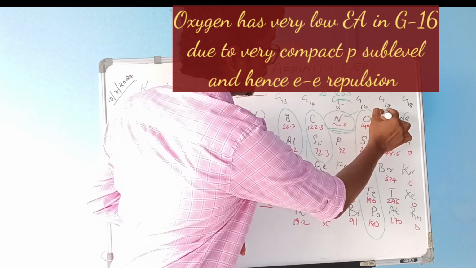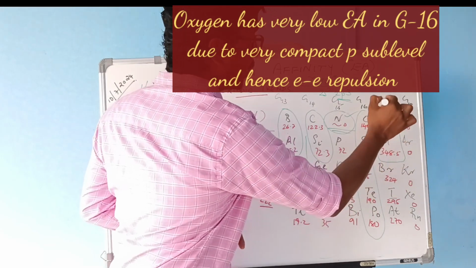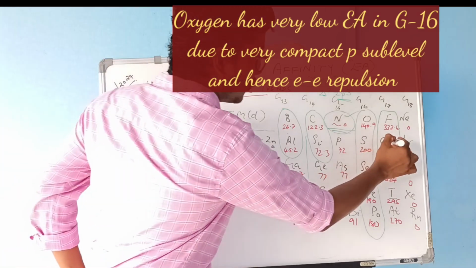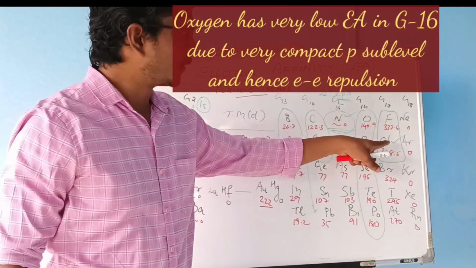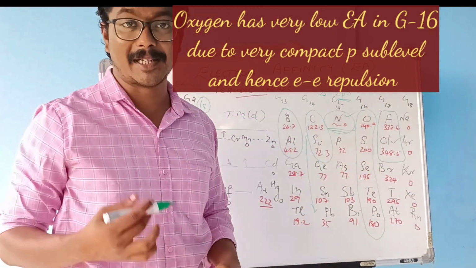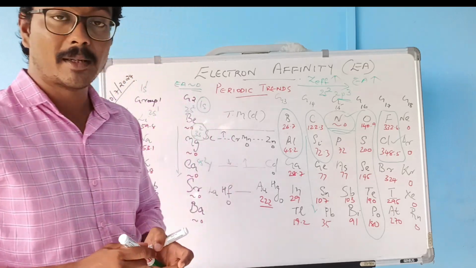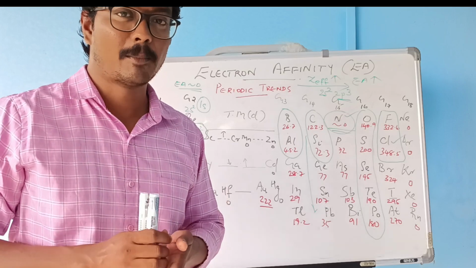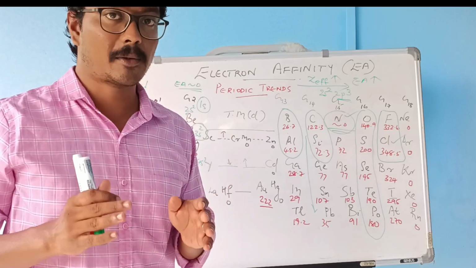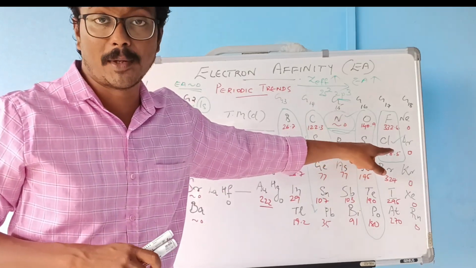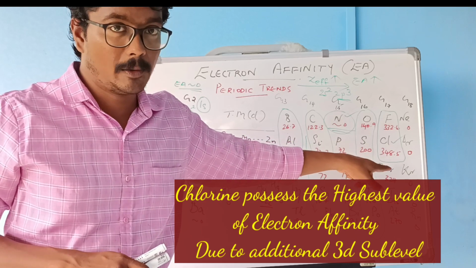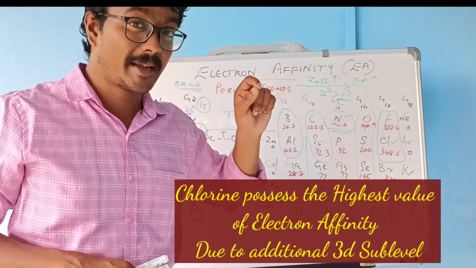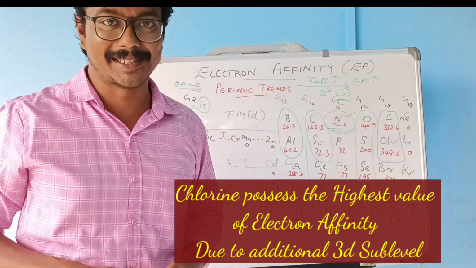Similarly, in the case of fluorine and chlorine, among all the values, chlorine possesses the highest electron affinity. So you should remember this point. Among the entire periodic table, chlorine possesses a very high electron affinity, 348.5 kilojoule per mole, and that's the reason why chlorine is a very strong oxidizing agent.